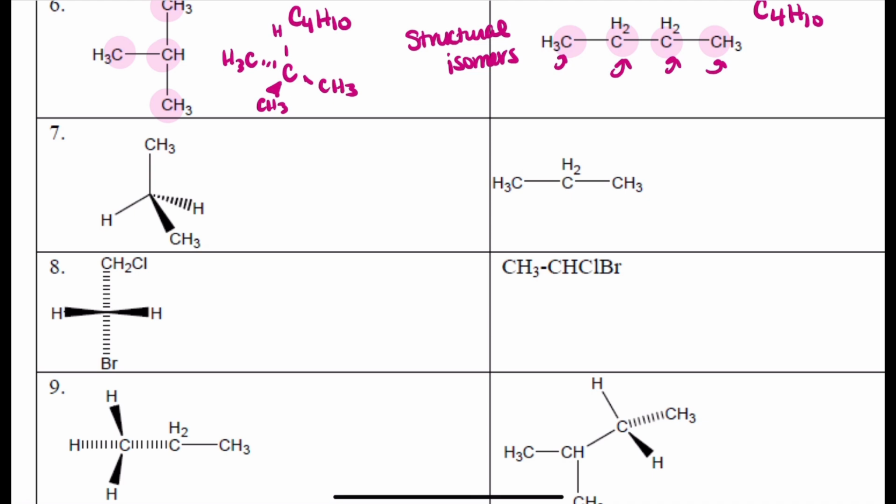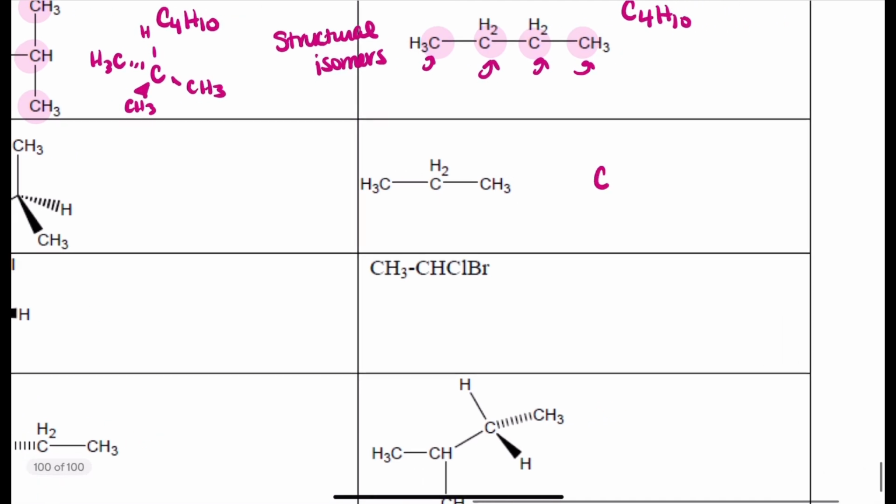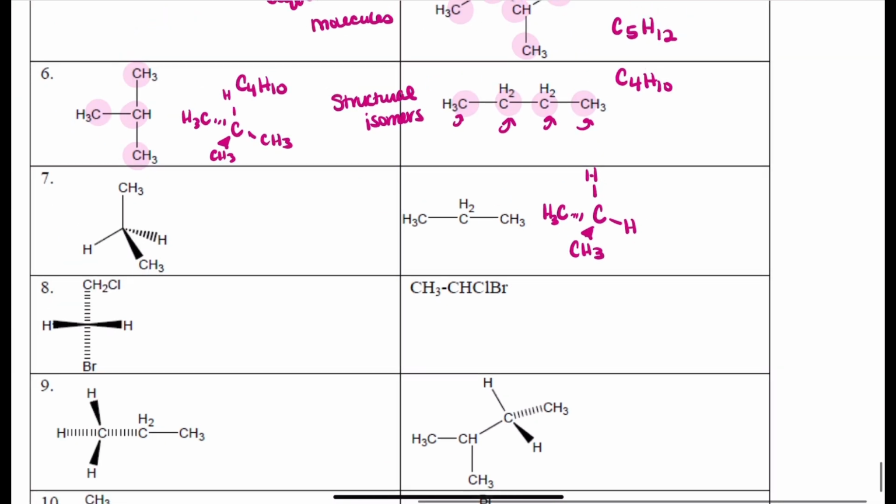What about these two? Okay, I can see the one drawn out. What if I draw out the other one? Let's draw this one out. Looking at these, this carbon and this carbon are not chiral centers.